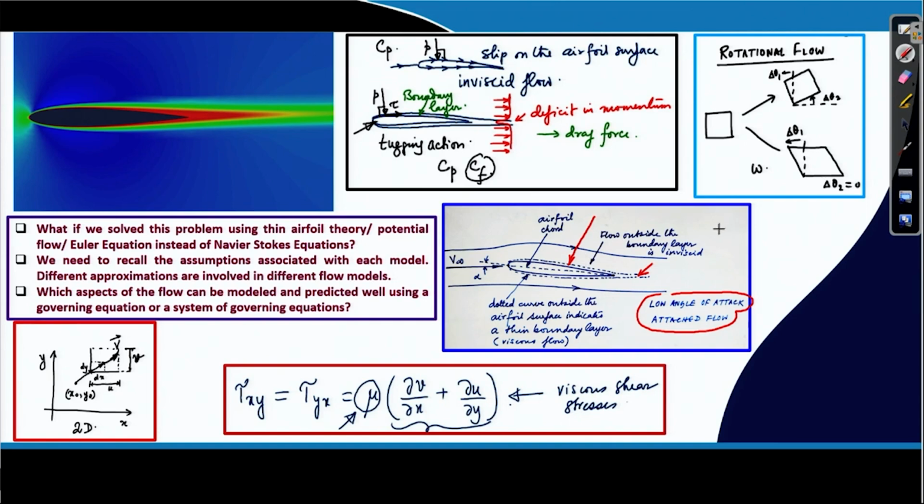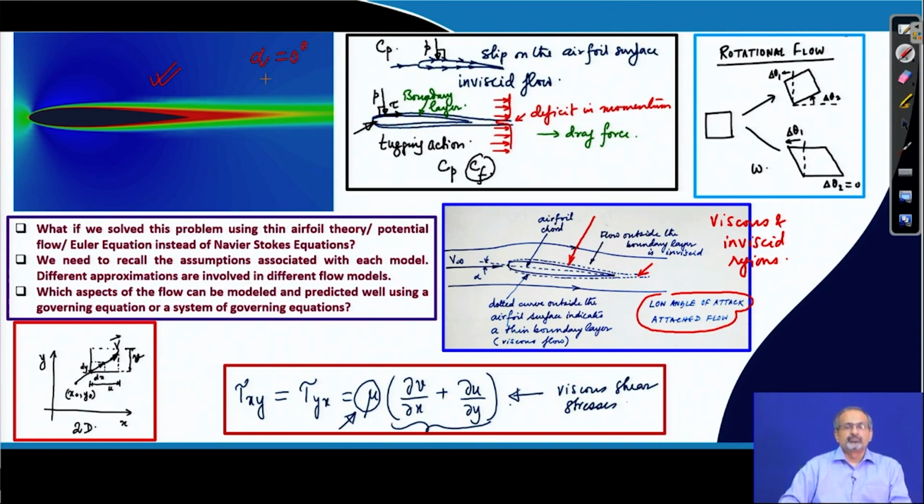But remember that this flow has a mix of viscous and inviscid regions, and we remember that this flow field that we saw from a computational result was such a flow field. Of course, here it appears that the alpha is 0 degree.